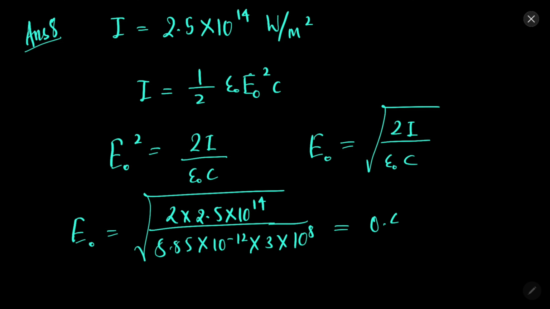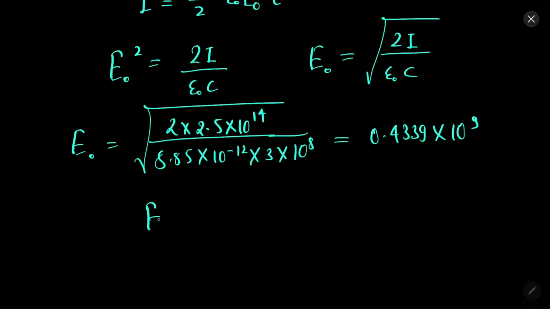So it will be 0.4339 into 10 to the power 9. So E naught will be equal to 4.33 into 10 to the power 8 Newton per Coulomb.